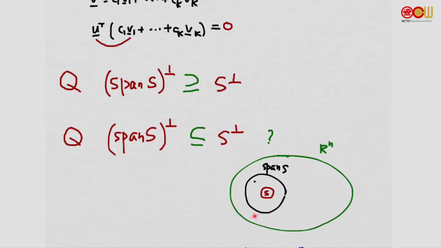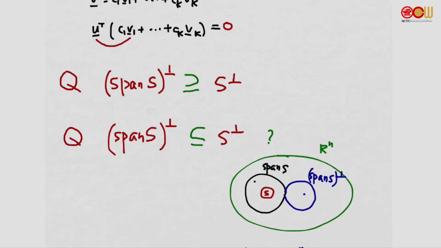So this is Rn, this is S, this is span S, and span S perp is a set that is orthogonal to every vector in span S. Every vector in the blue set is orthogonal to every vector in the black set.